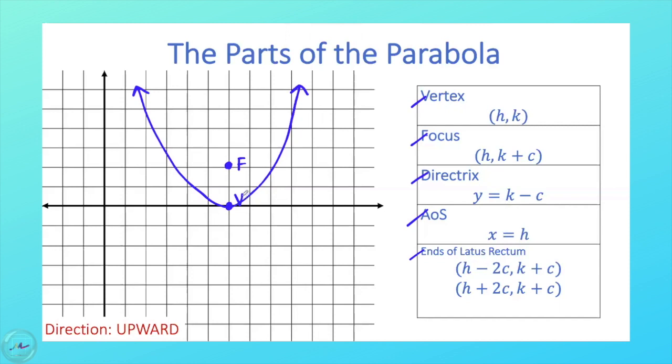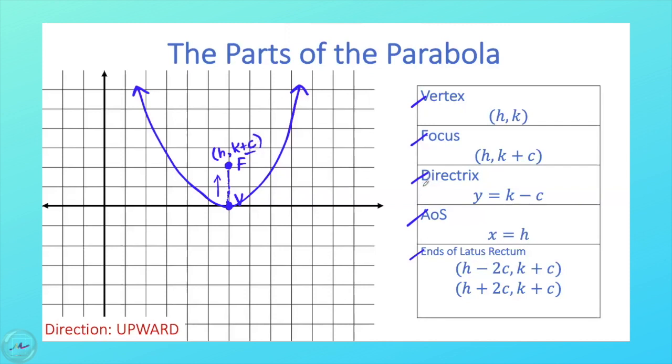Which is why if you have the vertex having h, k coordinates, since you moved up, then what will change is the k coordinate. So the focus will actually have the coordinates h, k plus c. Now you may ask, where did the c come from? Remember that the distance between the focus and the vertex is the focal length, which also refers to c.